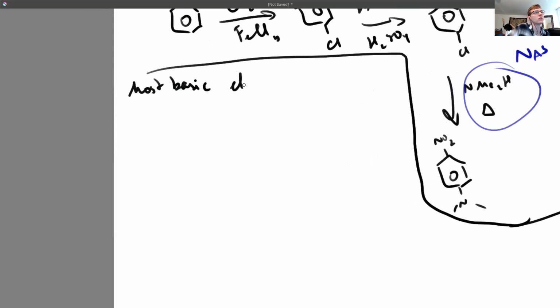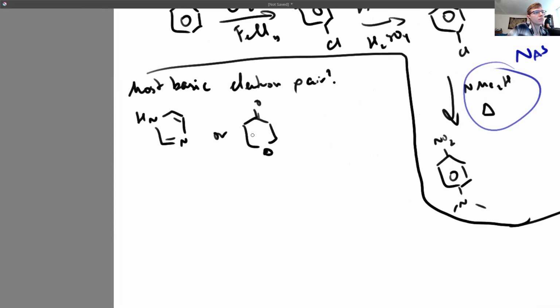Not nitrogen. Which is the most basic electron pair on each of these molecules? Or here or here. And this molecule's not done yet.